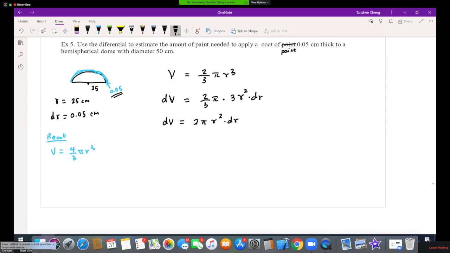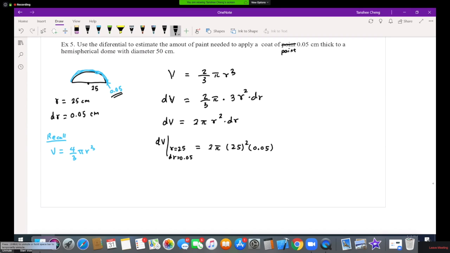So now I can approximate the differential of V with r equal to 25 and dr equal to 0.05, which will help me compute 2 pi times 25 squared times 0.05.